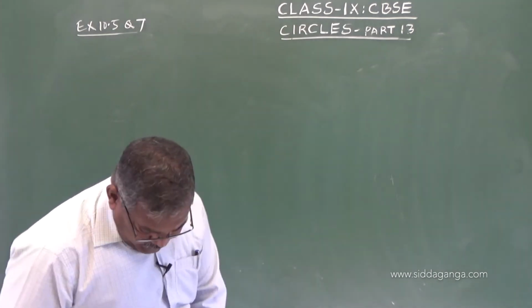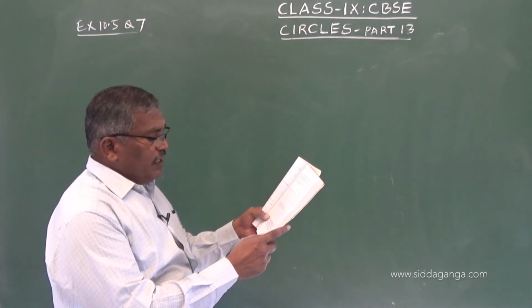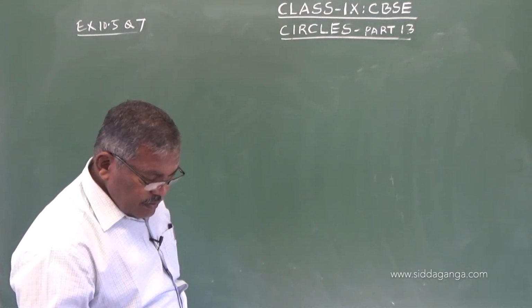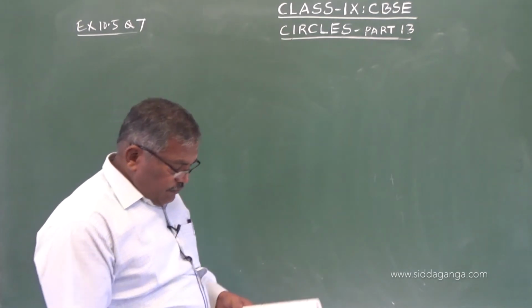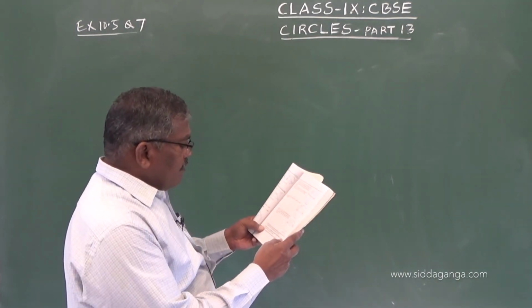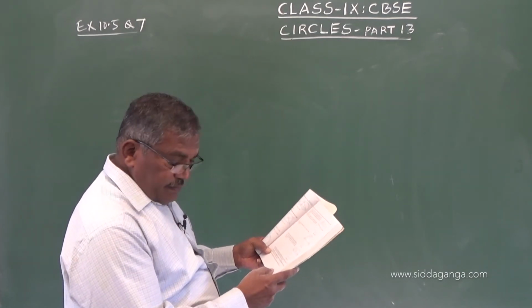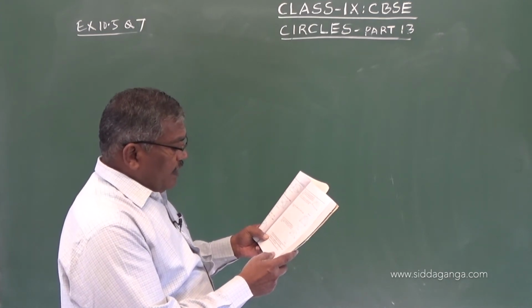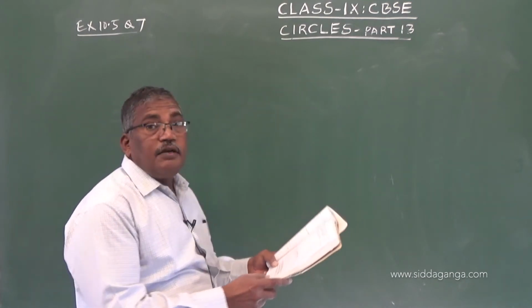If the non-parallel sides of a trapezium are equal, prove that it is cyclic. So that is, seventh one, sorry. If the diagonals of a cyclic quadrilateral are diameters of the circle through the vertices of the quadrilateral, prove that it is a rectangle.